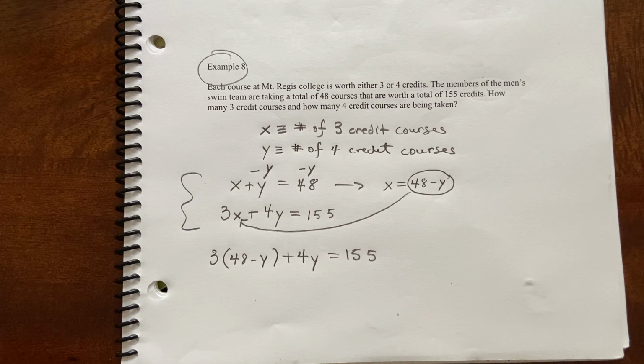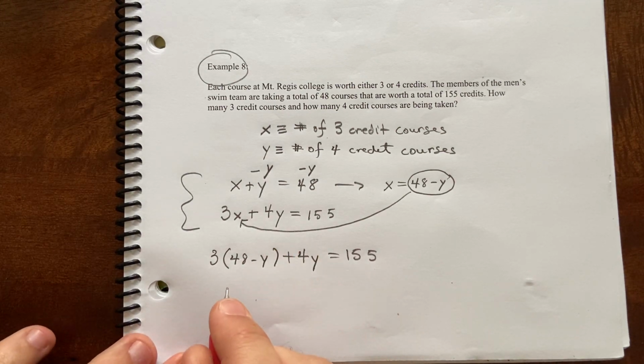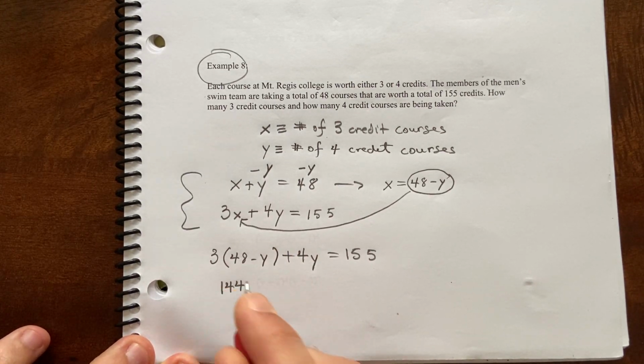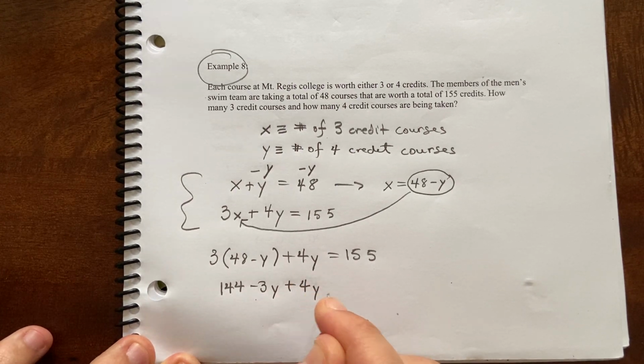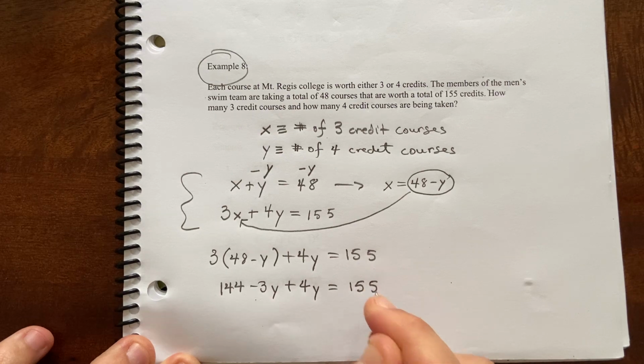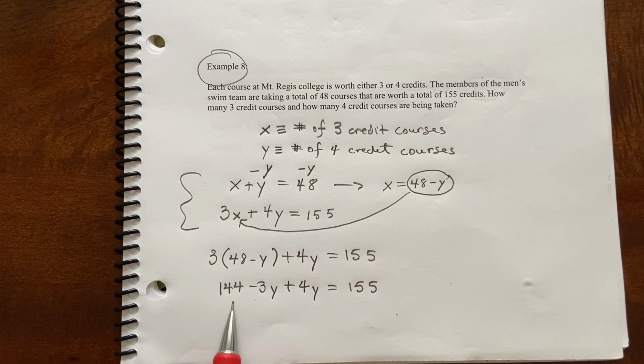Distribute. So I get 144 minus 3Y plus 4Y equals 155. Solve for Y.